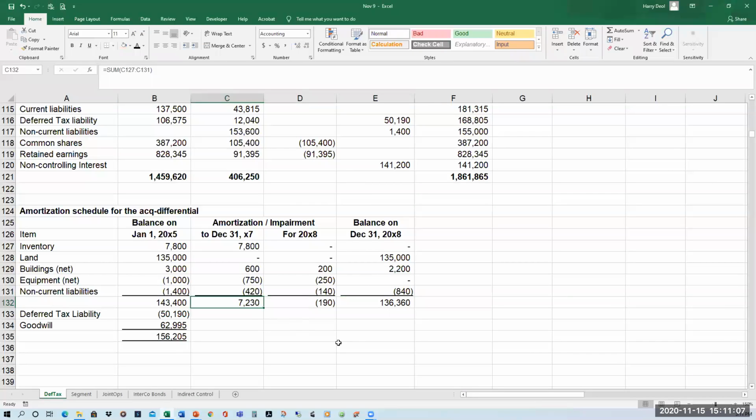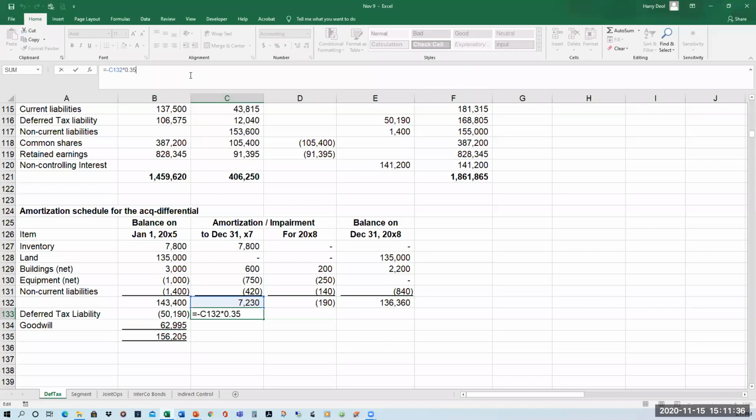The total amortization up to the end of the year 7 is $7,230. Amortization for year 8 is negative 190. Unamortized balance 136,360. The deferred tax liability was 35% of the fair value differences. So as the fair value differences get amortized, so also does the deferred tax liability.